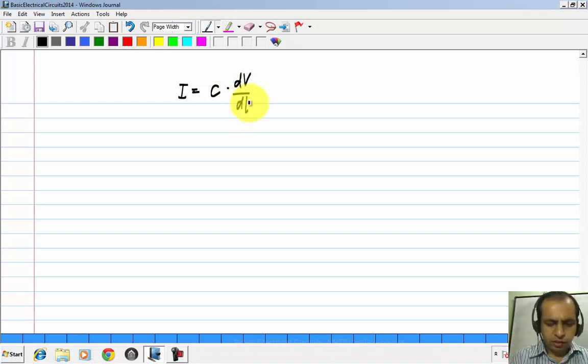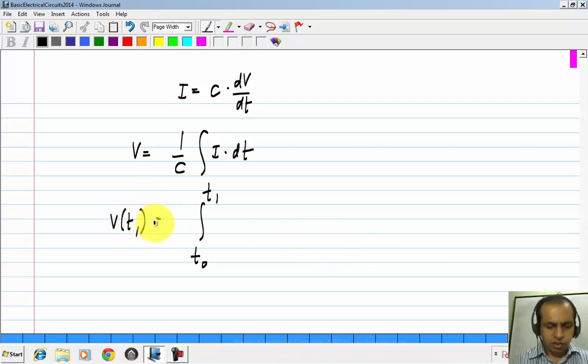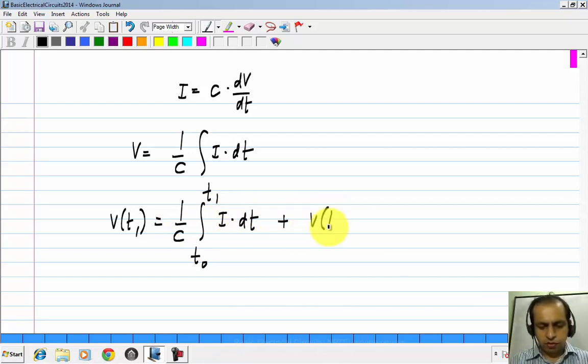I is given by C dV by dt, and if you invert this, we get the voltage to be 1 over C integral I dt. Now, if I carry out the integral from some T0 to T1, what it says is V of T1 is 1 over C integral I dt plus V of T0.